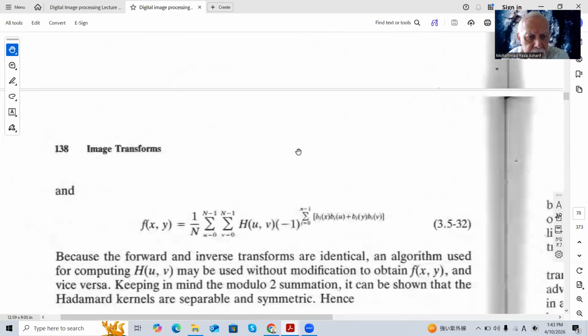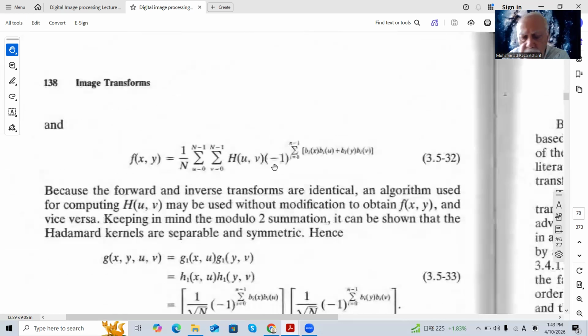Page 138 of Gonzalez. So this is the inverse of the two-dimensional.